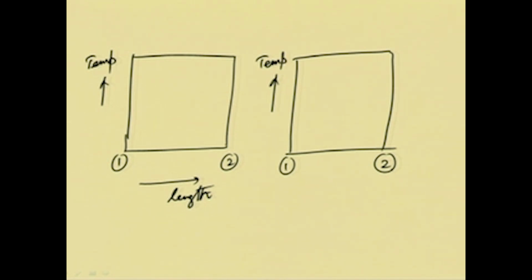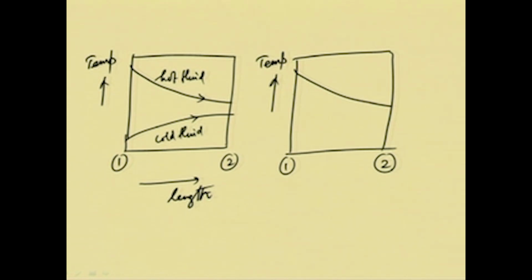We know in case of parallel flow, this is the temperature profile for the hot fluid, and this is for the cold fluid which is heated up, flowing in the same direction. And this is the case of anti-parallel flow, not parallel flow, with the hot fluid and the cold fluid.